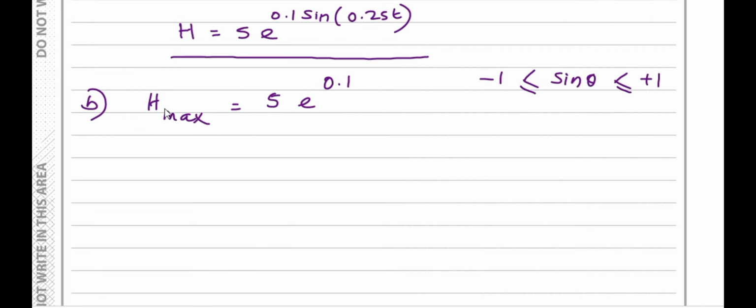Therefore, if you are looking for height maximum, you should have sine 0.25t equal to 1. Therefore, this is equal to 0.1 times 1, which will give you 5 e to the power of 0.1, which we put into the calculator and we get 5.53 meters.